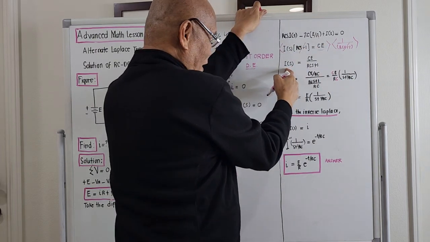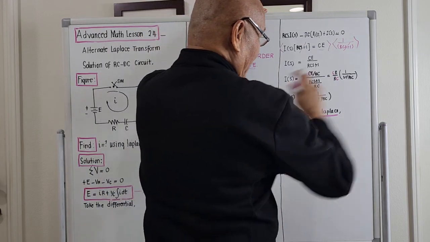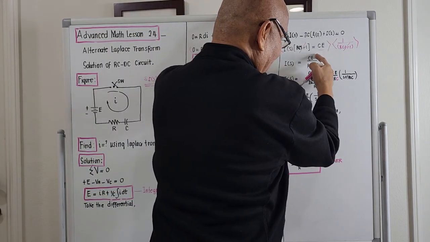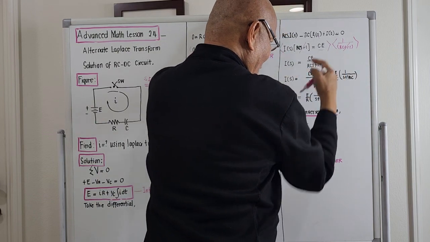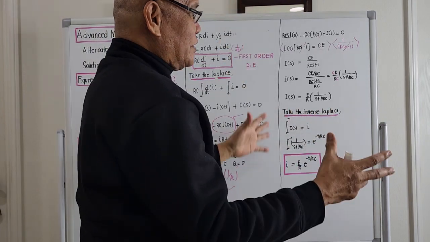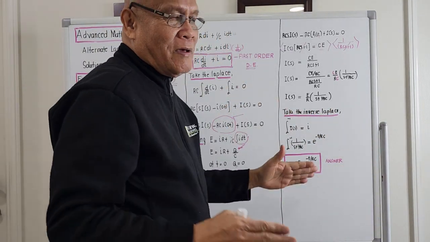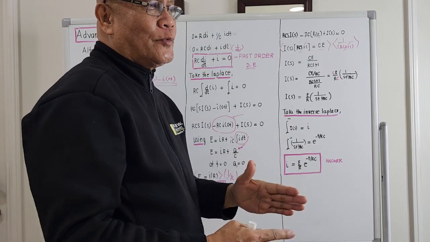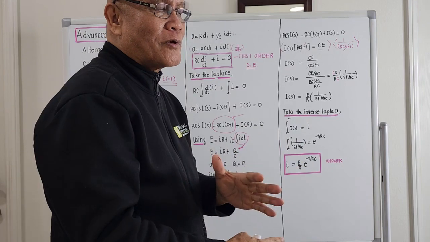It will be simply capital letter I as a function of S equal to the right hand side, CE all over RCS plus 1. Okay? By using algebraic manipulation, this is now the one we are telling that by using Laplace transform, we could bring out the solution by only using algebraic manipulation.